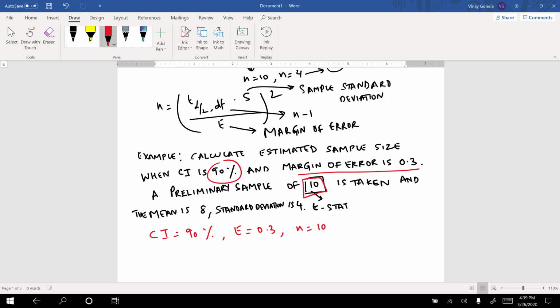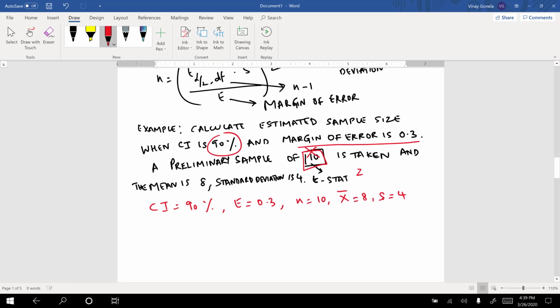That is what distinguishes Z and T. In Z they won't give the sample size. Here the sample size is 10, the mean of that sample x bar is 8, and the standard deviation of that sample S is 4.